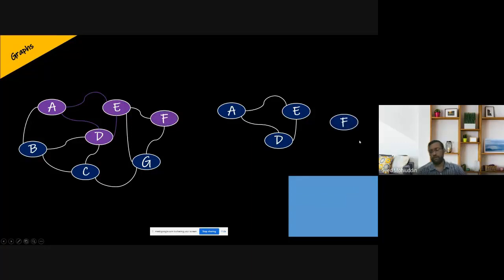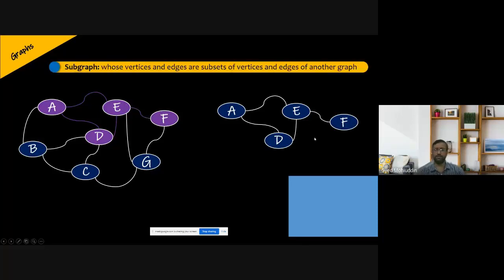Now, if I go on expanding this, and then let us stop at this part, I have picked up 4 vertices and its corresponding edges. And those edges and vertices are a subset of the original graph. So this graph on the left hand side is also a subgraph of the graph on the right side.